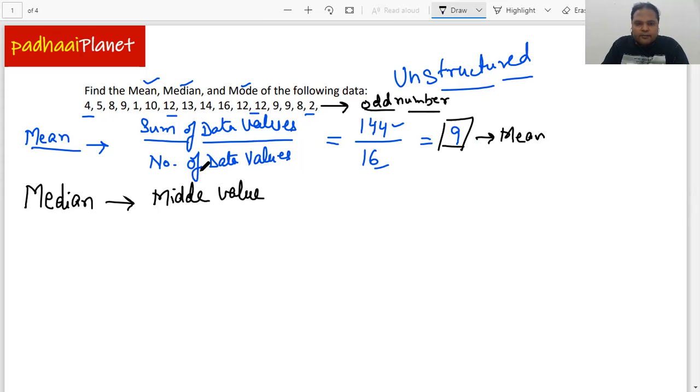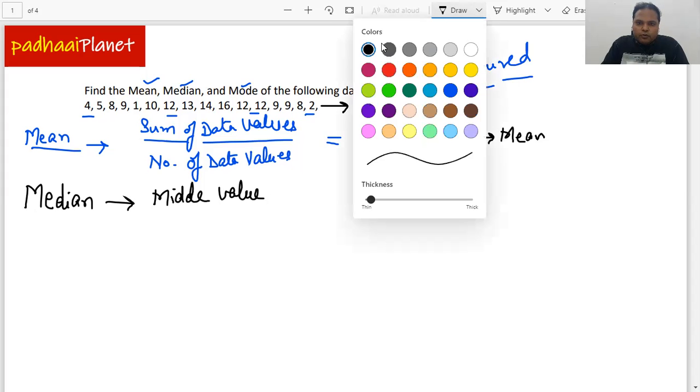Now, if we count, it is 16, which is an even number of data values. So it is difficult to find the exact middle value, and we are going to solve it now.